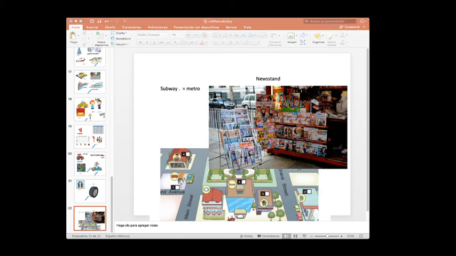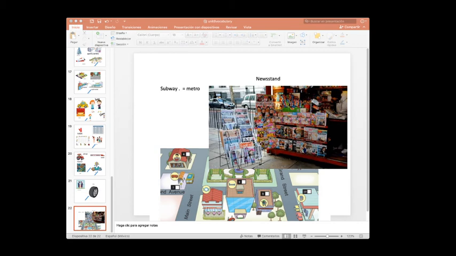And the other ones, for example, bank, bookstore, etc., are different. For example, a bookstore is the place where you buy some books. Okay, it is different from the library.